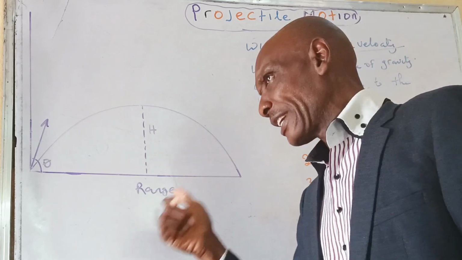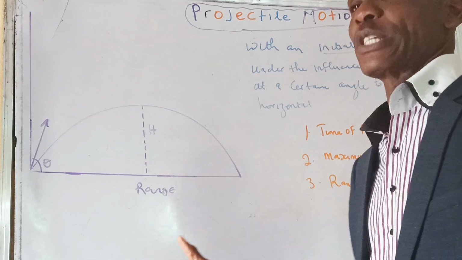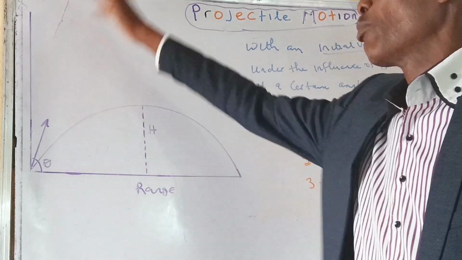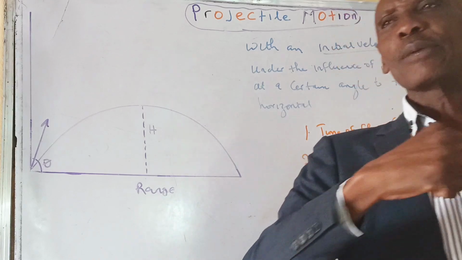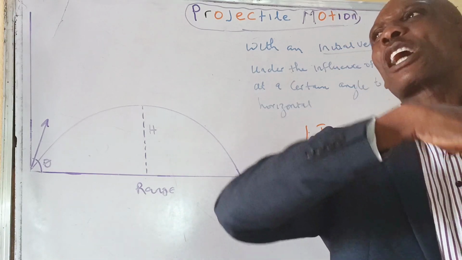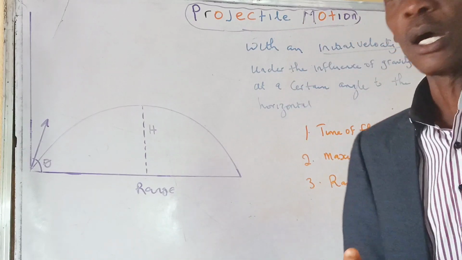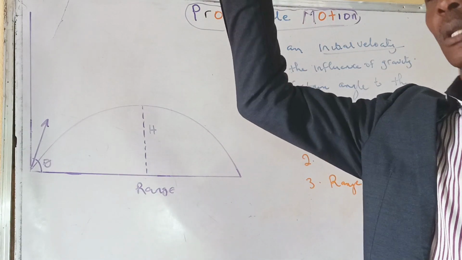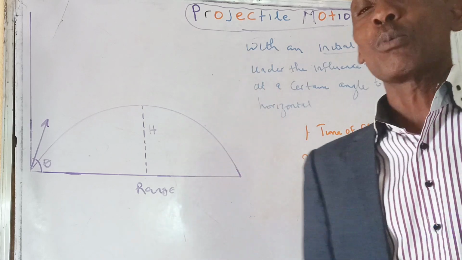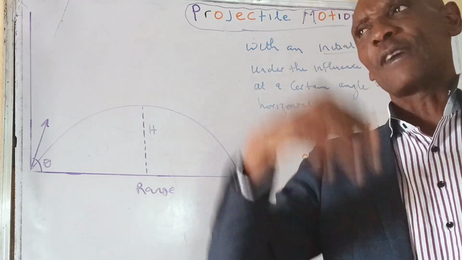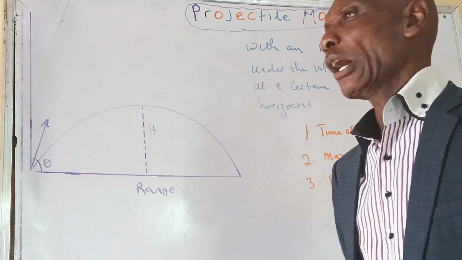Now, we need to realize that a projectile motion is an interesting motion. Why? Because it is a motion in 2 frames. Before the body begins to move in a curved path, it first of all attains a certain vertical height. In other words, a projectile motion is composed of two components, a vertical component and a horizontal component.